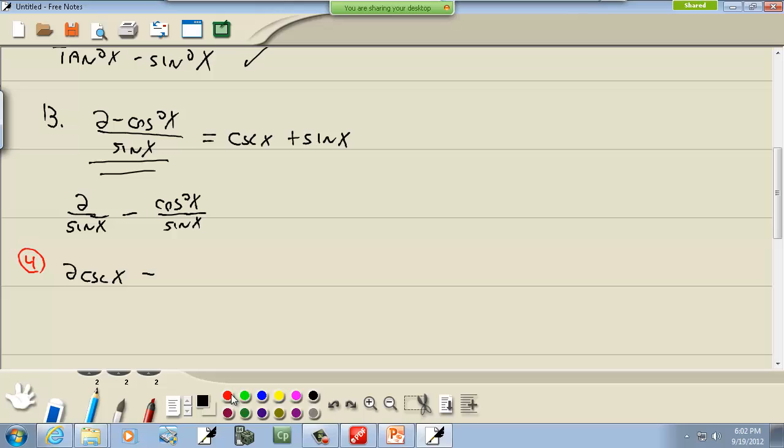This is from number 15. Remember, sine squared plus cosine squared is equal to 1. And I'll take the sine squared over here, and we get cosine squared is equal to 1 minus sine squared. So this top part here I'll rewrite as 1 minus sine squared over sine.